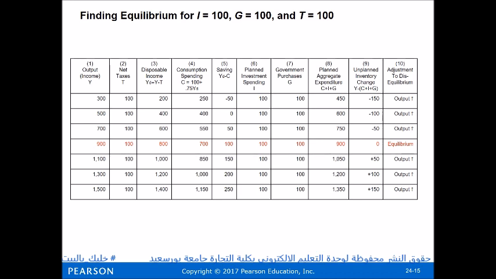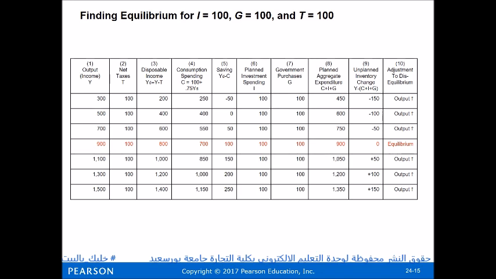So to find the first value of aggregate expenditure, or AE, at a disposable income level of 200 and a before-tax income level of 300, we add the corresponding value of C, which is 250, to the value of investment, which is 100, to the value of government purchases, which is also 100.